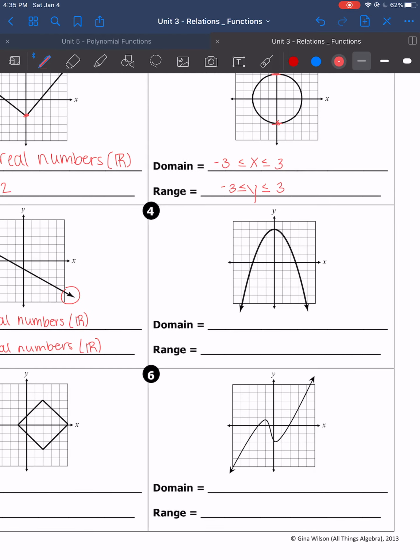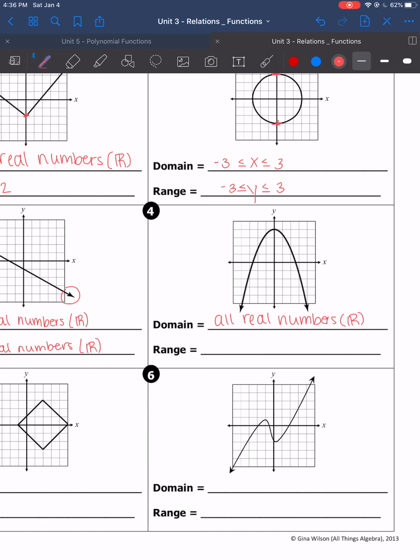So why don't you try 4? You're going to take your pencil and scan from left to right along the x-axis, and it looks like your domain is all real numbers because it covers everything.